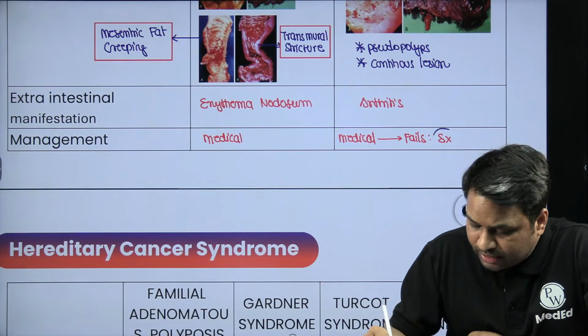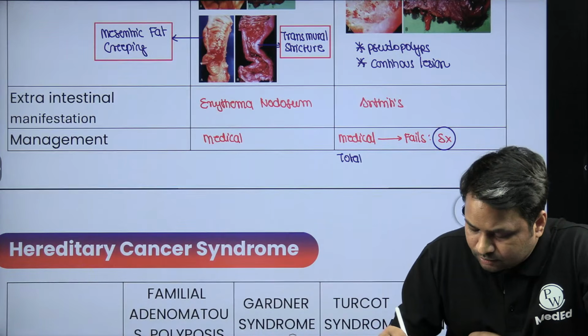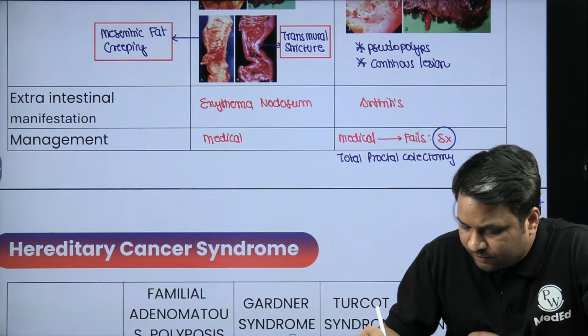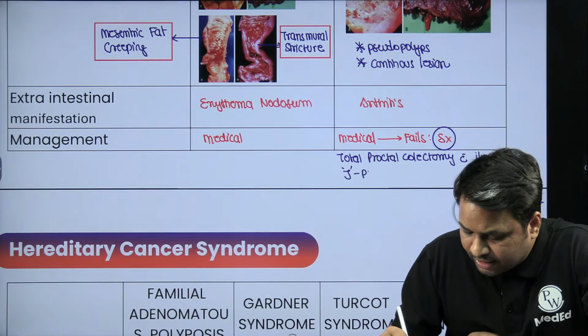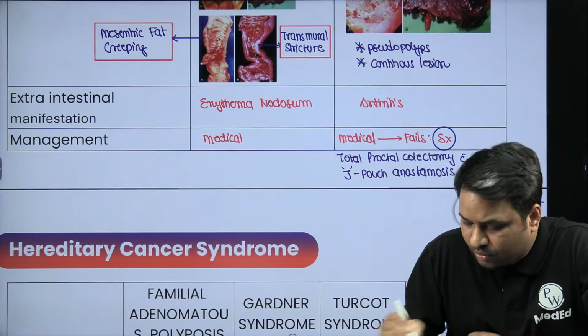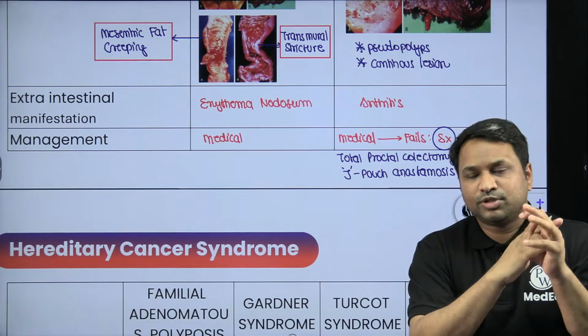And the surgery that you're going to do is going to be total proctocolectomy with ileoanal J pouch anastomosis.